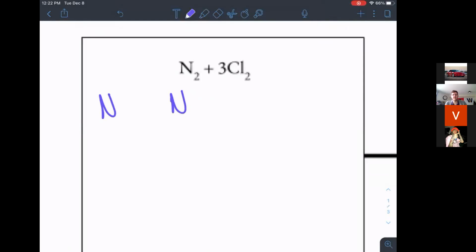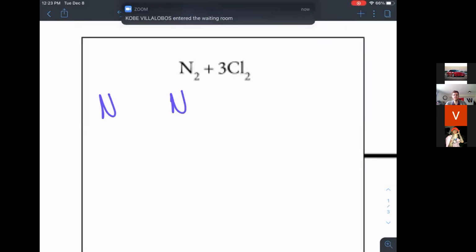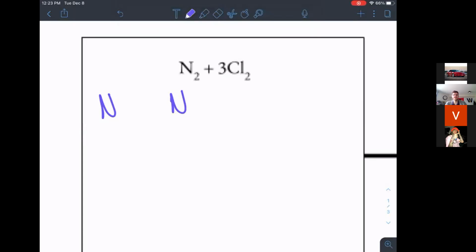And now we need to figure out how many valence electrons are on one nitrogen atom. Do you know how many valence electrons are on one nitrogen? Does anybody know?